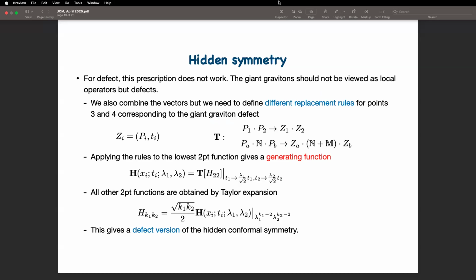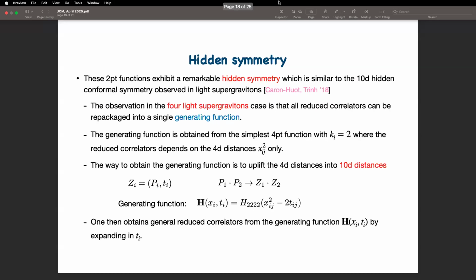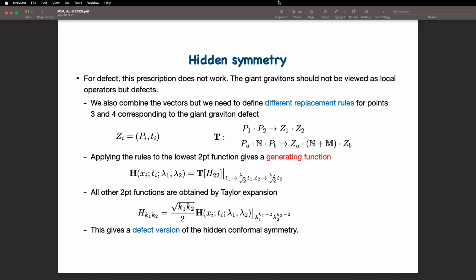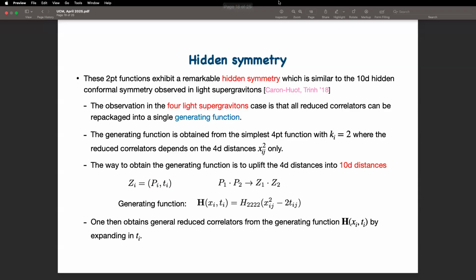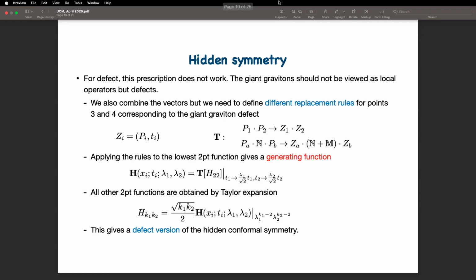Okay, and we still can find such a higher dimensional symmetry by modifying their prescription. So what I mean by that is that we still combine P and T to form these 12-dimensional vectors. But we only do this replacement for 1 and 2, okay?